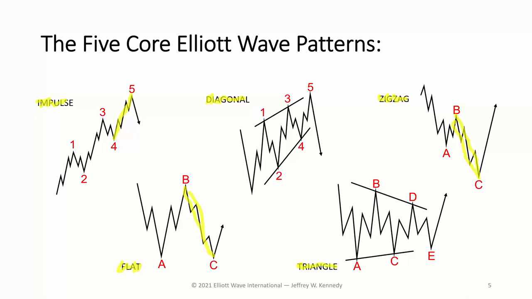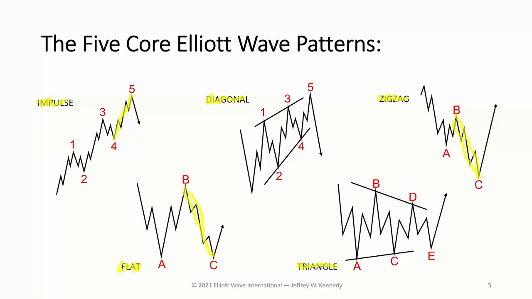But triangles essentially form prior to the final wave of a sequence. So you can have a triangle in wave 4, and it gives way to the final move, wave 5. You can have a triangle in the wave B position of a zigzag. Again, the final move is wave C. So that triangle finishes up the larger pattern.